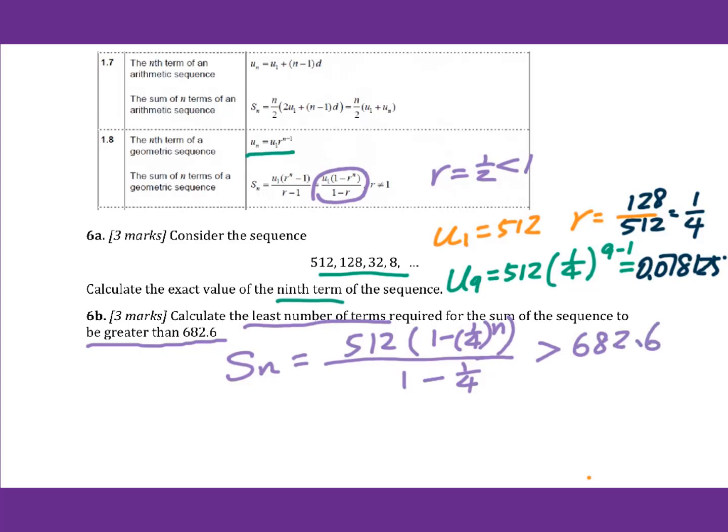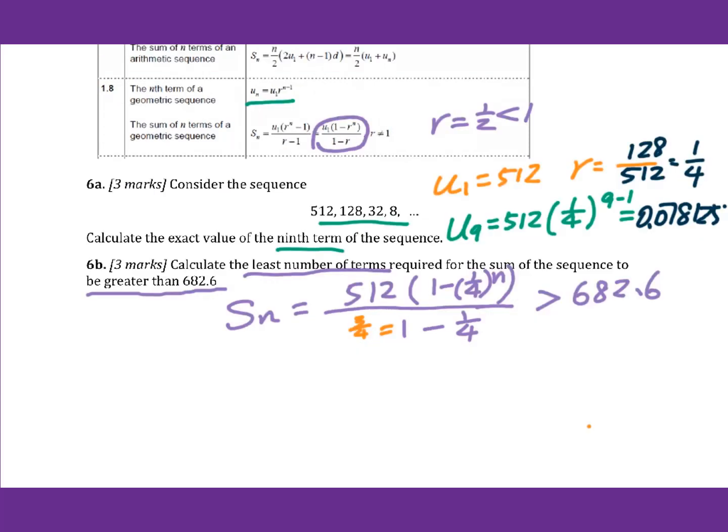Let's simplify. 1 minus 1 over 4 is 3 over 4. On both sides, let's multiply by 3 over 4. You will get 512 times 1 minus 1 over 4 to the nth power.